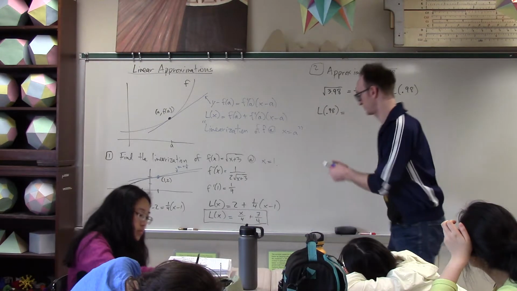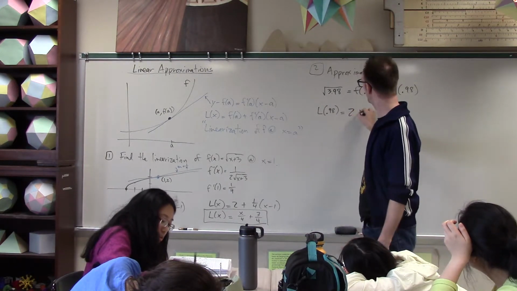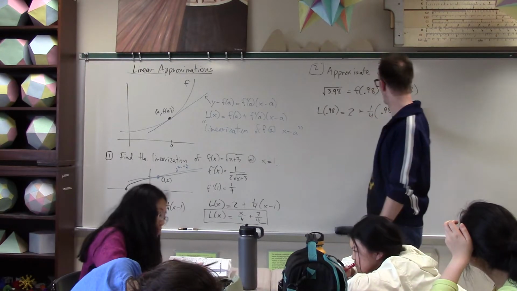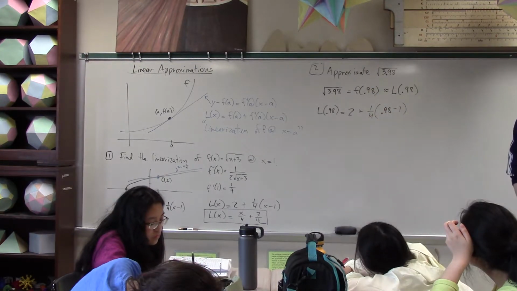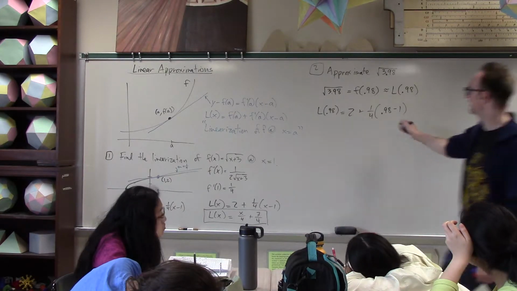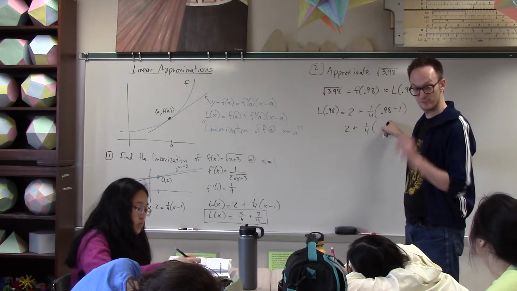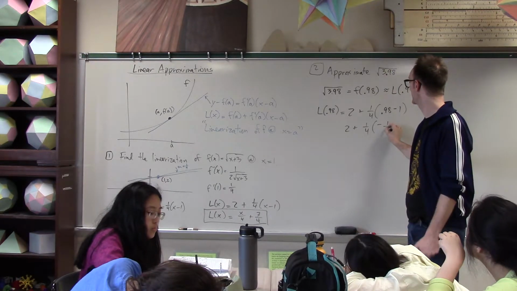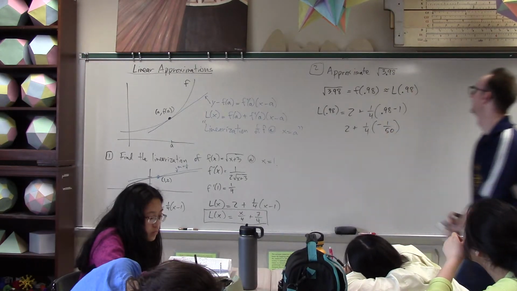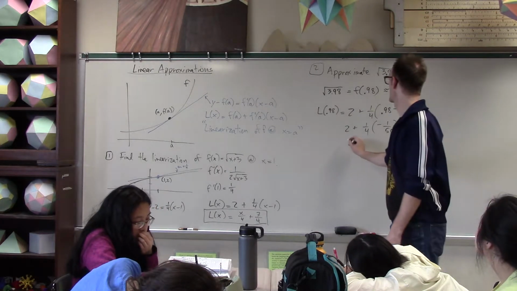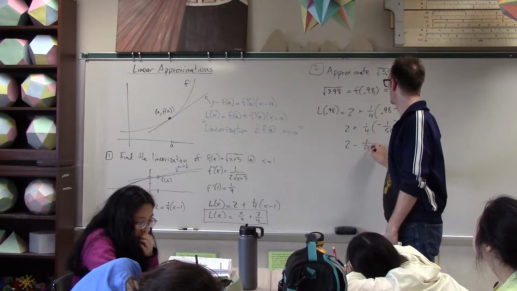So this is actually just 2 plus a 4th times 0.98 minus 1, which is negative 0.02, or maybe better written as negative 1/50th. Who's with me? Okay, so then this is 2 minus 1 over 200.